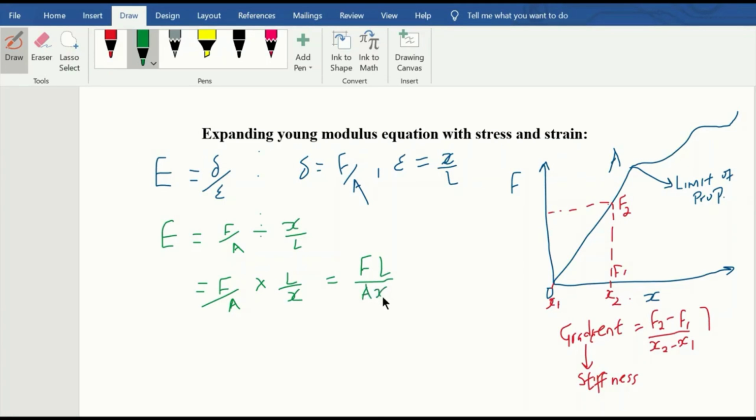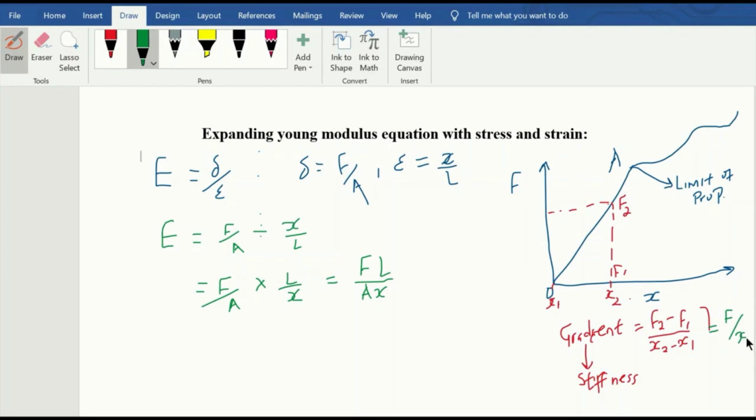All right, so we can still rearrange this equation as it relates to the gradient. As you can see, the gradient in this case is equal to F over x.